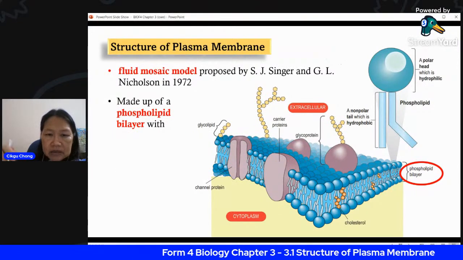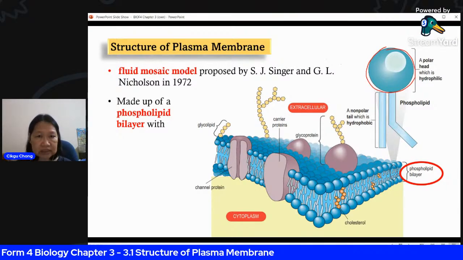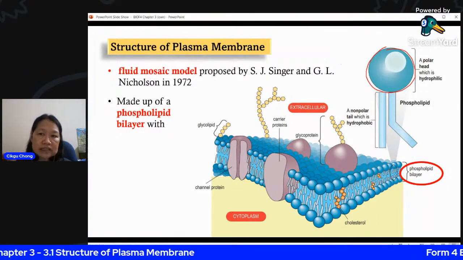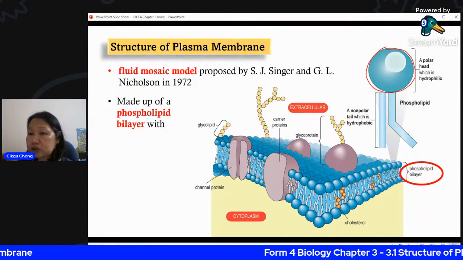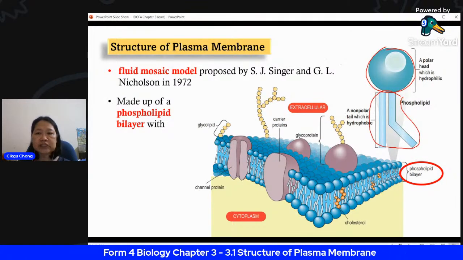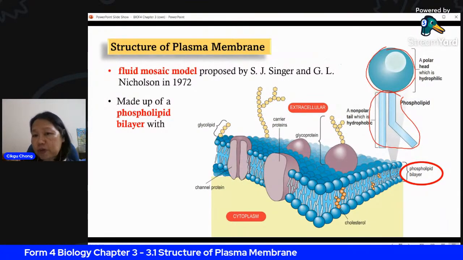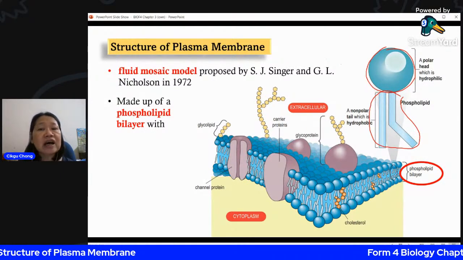Sorry, let me go back a little bit. So this is the head, which has a certain property. This property is known as hydrophilic. After this, on the next slide, I'll explain the meaning of hydrophilic. Then you have two tails jutting out here, which are known as hydrophobic.